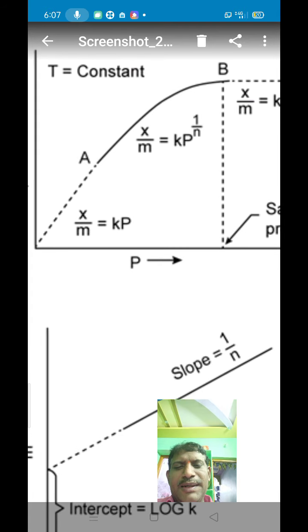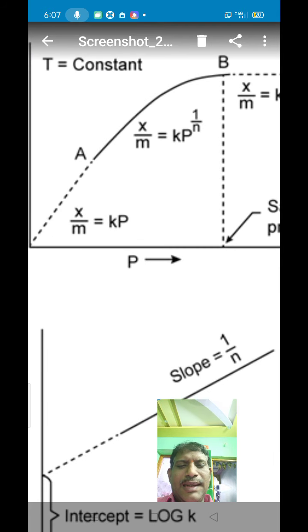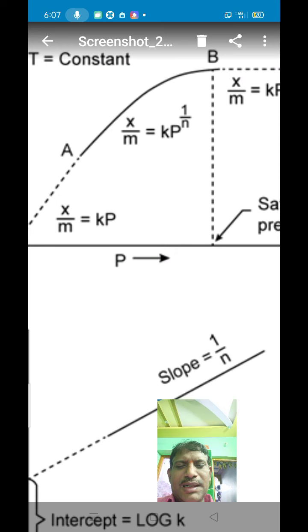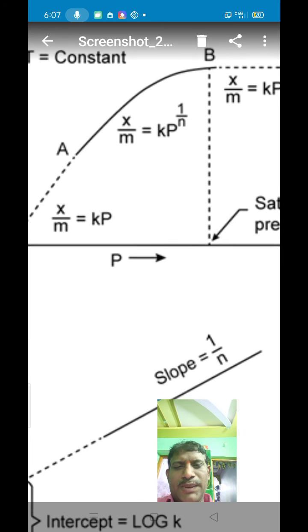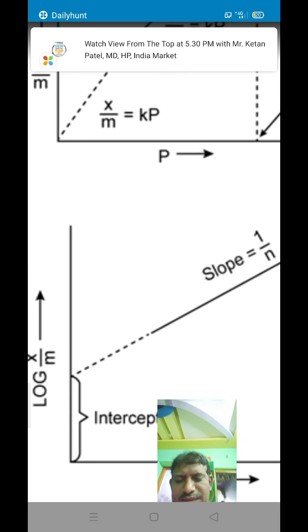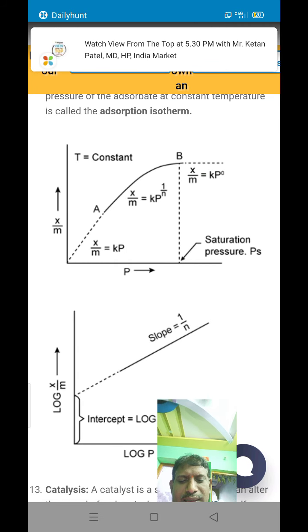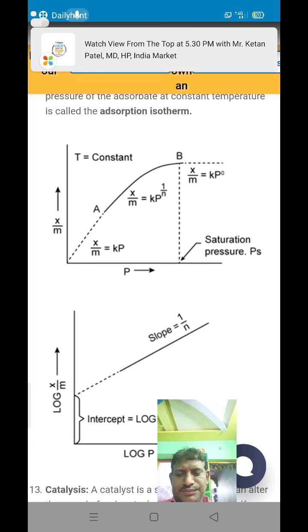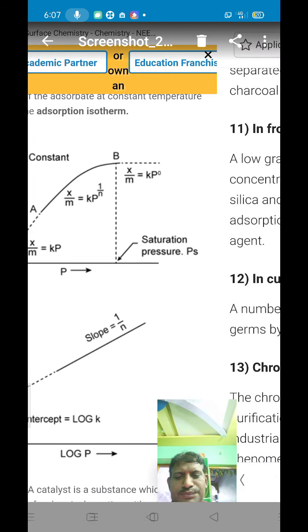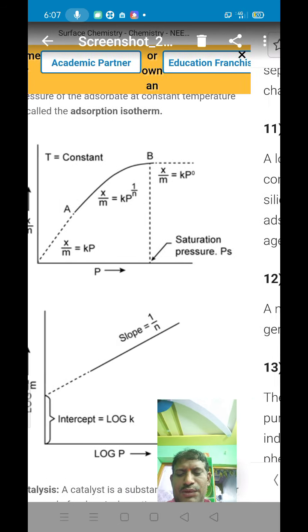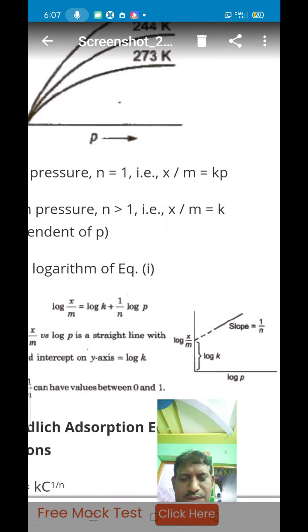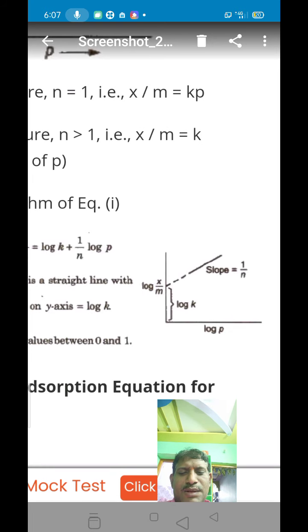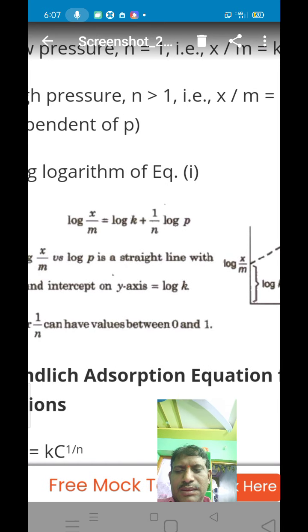But at intermediate pressures, x by m is represented by k into p to the power of 1 by n. We take logarithms on both sides. That means x by m is equal to kp whole to the power 1 by n.